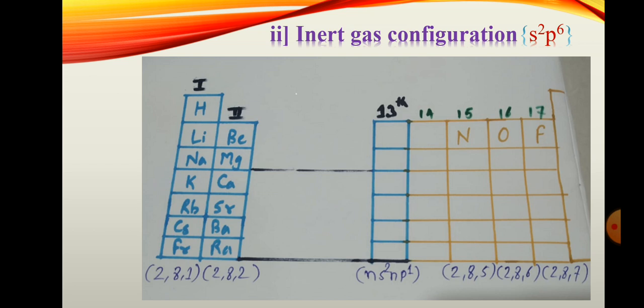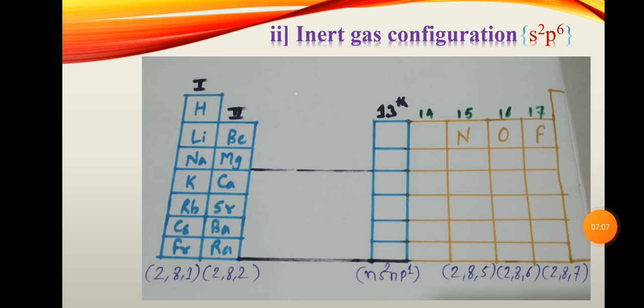Now in the case of the nitrogen, oxygen and fluorine families, their electronic configuration is labeled in numbers. For the nitrogen family it is 2, 8, 5, for oxygen it is 2, 8, 6 and for fluorine it is 2, 8, 7. For attaining inert gas configuration, the nitrogen family requires 3 electrons, the oxygen family requires 2 electrons and fluorine requires 1 electron respectively in bond formation.